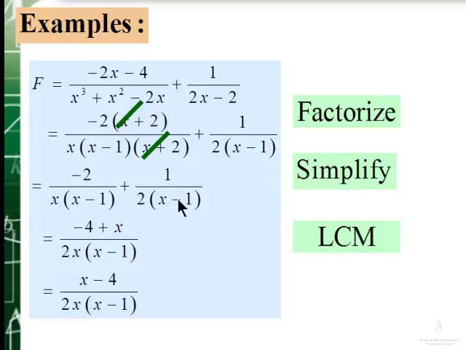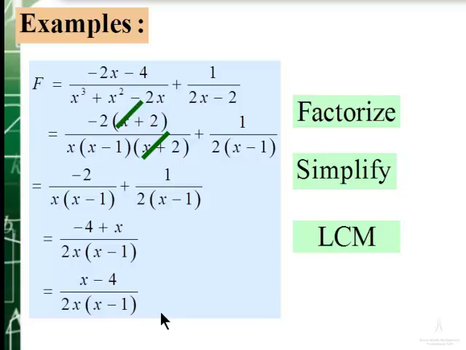And then in the second term, the numerator must be multiplied, in this case, just by x. That was the missing factor, which forms part of this particular LCM in this case. So finally, our consolidated single algebraic fraction, the sum of the two that we started out with, will be x minus 4 divided by 2x times x minus 1.